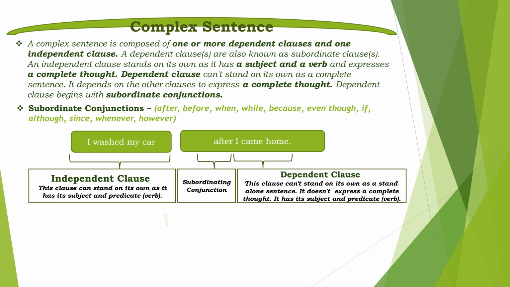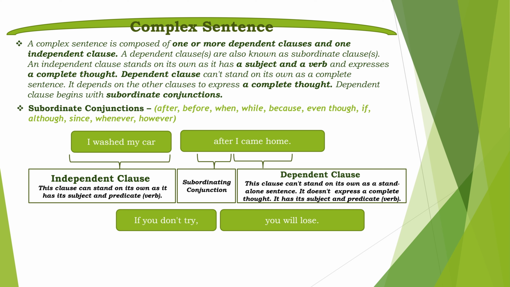Now let's look at another example. If you don't try, comma, you will lose. Have you noticed the difference between the first sentence and the second sentence? Yes, you're right. In the first sentence, we have an independent clause as the first part of the sentence. In the second sentence, we have a dependent clause as the first part of the sentence.